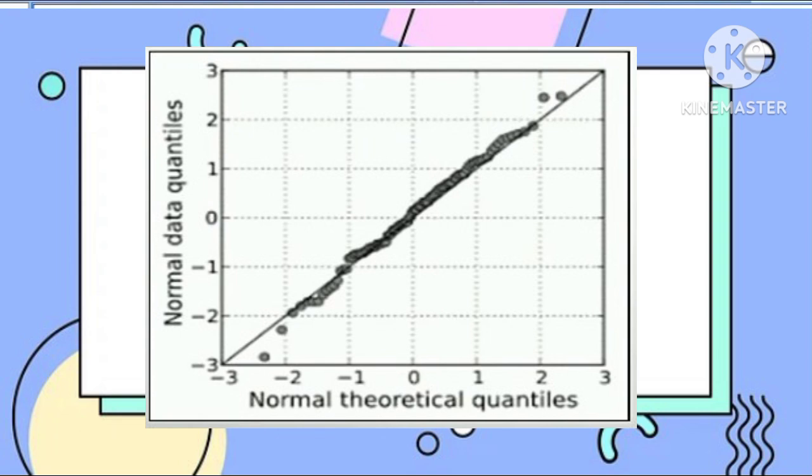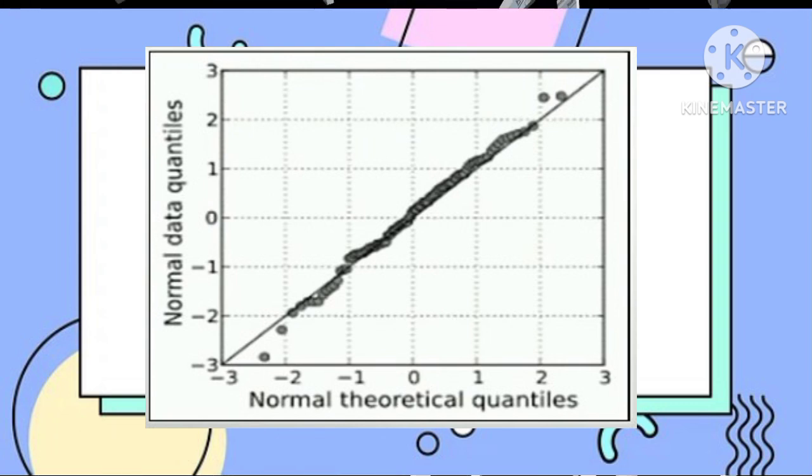So itong figure na to, point X and Y on the plot corresponds one of the quantiles of the second distribution is the Y coordinate, which is nakikita natin yung normal data quantiles. And it is plotted against the same quantiles of the first distribution, which is the X coordinate, yung ating normal theoretical quantiles.